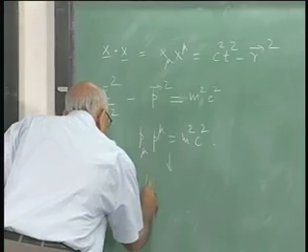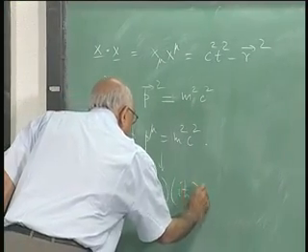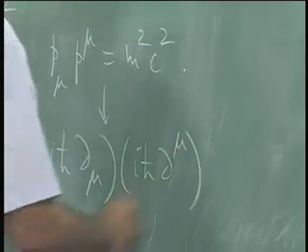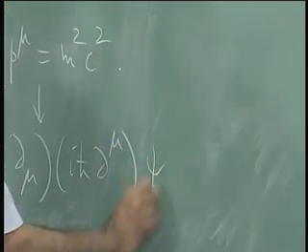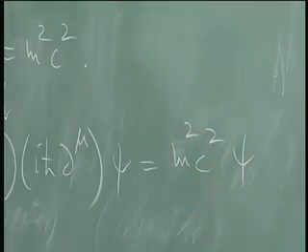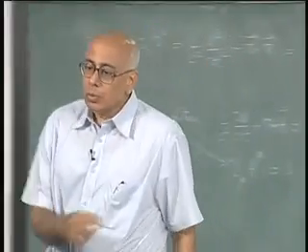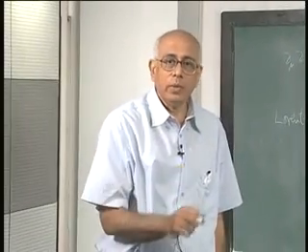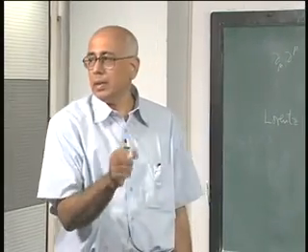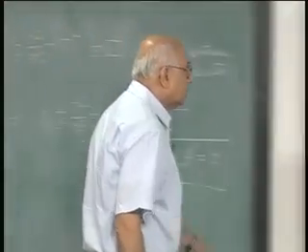So this says i h cross del mu, i h cross del mu on a wave function, let me call it psi, equal to m squared c squared on a wave function psi, which is now a function of space and time coordinates. This would be the relativistic wave equation for a free particle, a free relativistic particle. And where does that get you?